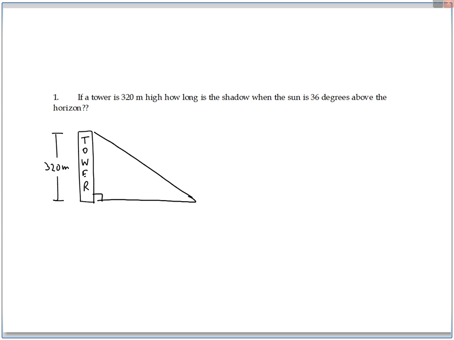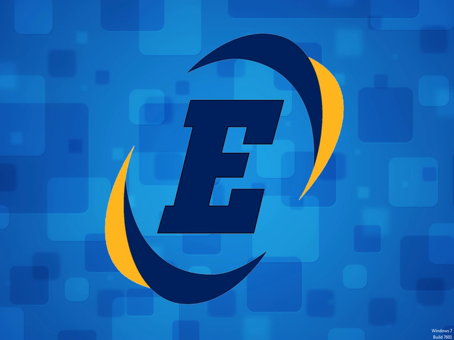Right angle there. What is this 36 degrees above the horizon? Is that a depression or elevation, or is it the same? Uh-oh, what just happened? I touched something I wasn't supposed to touch.